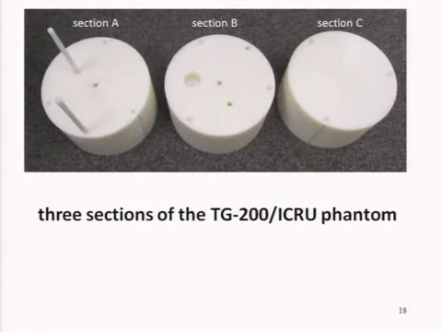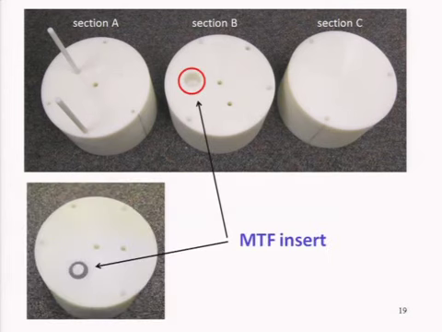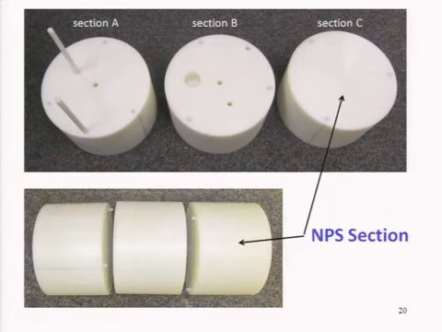I've had this phantom manufactured at a machine shop, and you can see the 3 individual sections here. We have a little cup in the center section, and we have some modules that we can insert in there to measure and then calculate the MTF. And then section C is really just a homogeneous area for noise assessment.